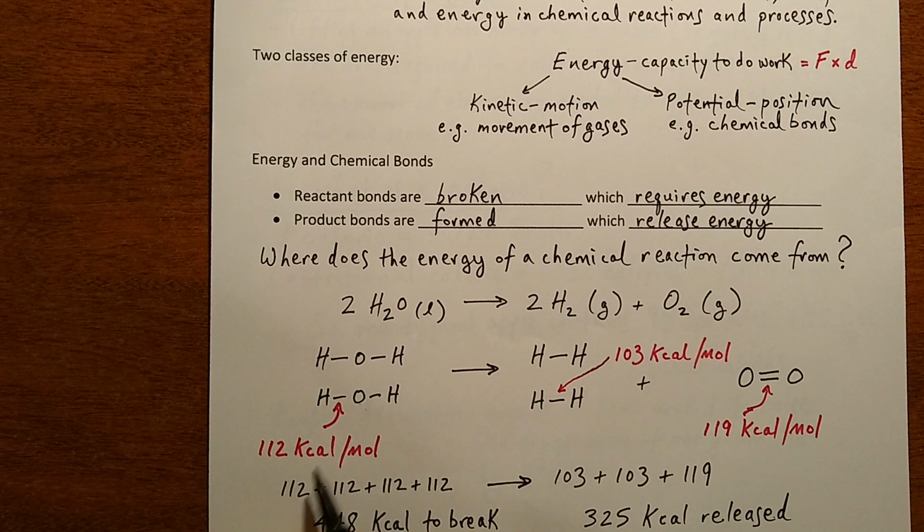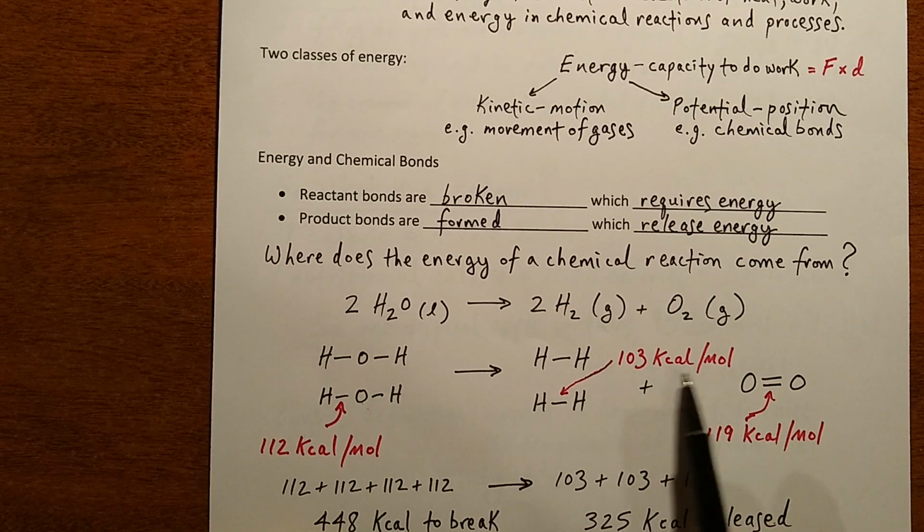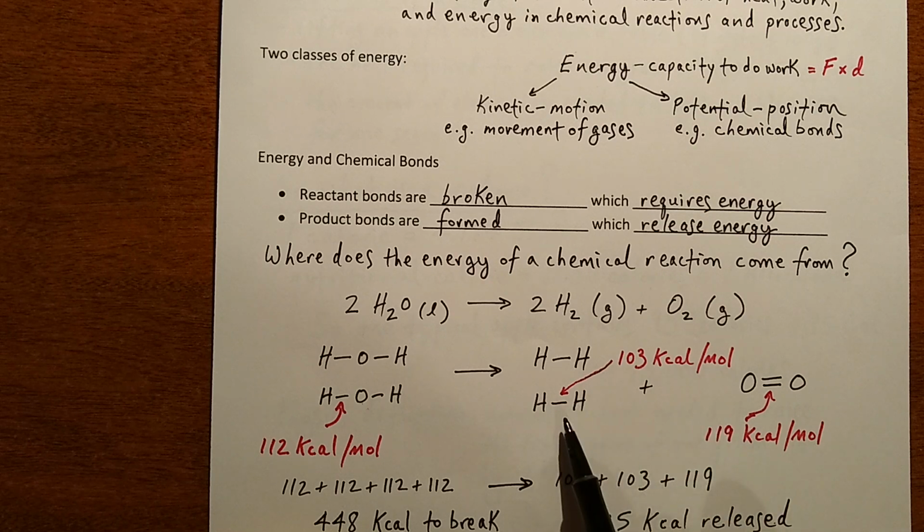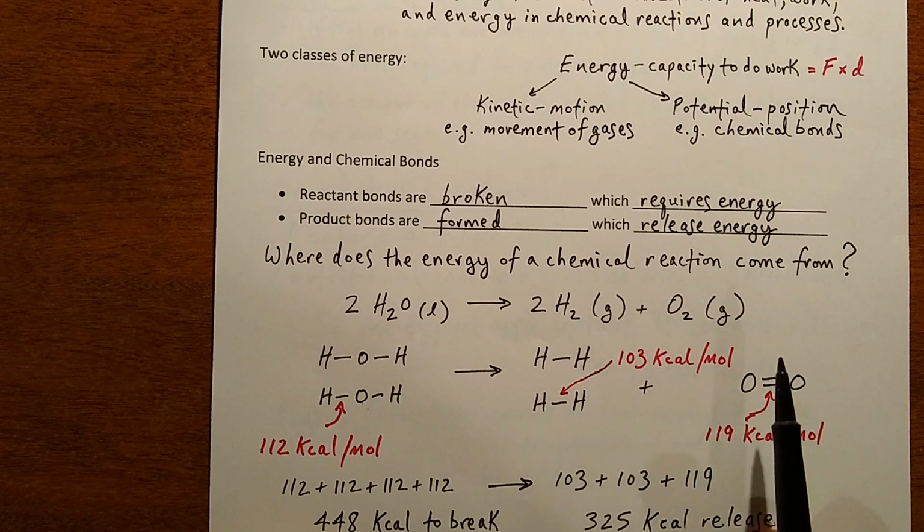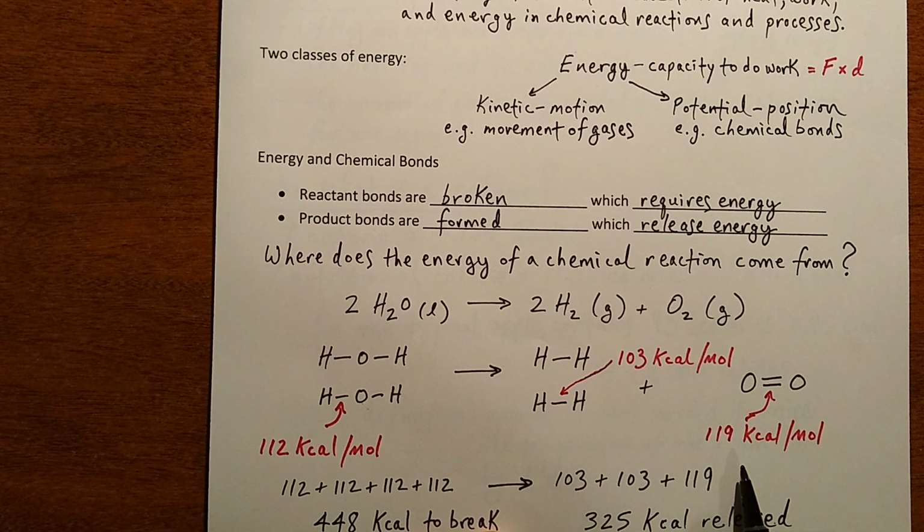So an oxygen-hydrogen bond takes 112 kilocalories, and I'll clarify what a calorie is in a little bit here. When you form a hydrogen bond, you get 103 kilocalories of energy back for every mole. That's what this kcal per mole means. For 1 mole of hydrogen, you get 103 kilocalories back. When you make 1 mole of oxygen gas, you get 119 kilocalories back.